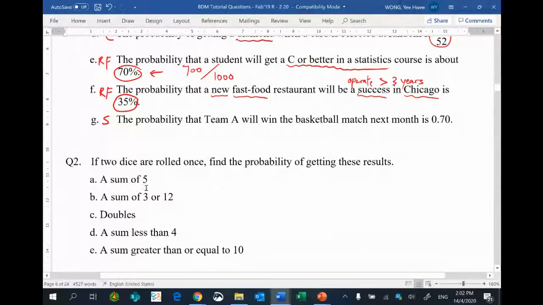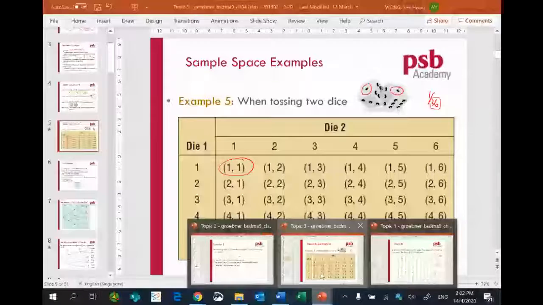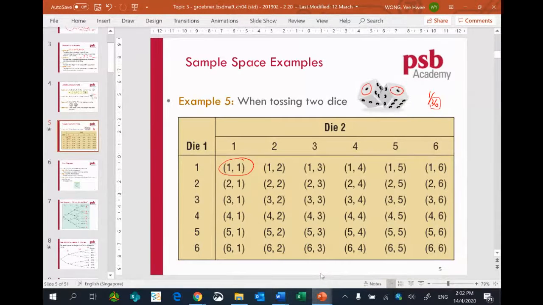A sum of 5. You roll 2 dice and find out a sum of 5. So you see which number plus which number will give you a 5. 1 plus 4. Okay, let me take away this. 1 plus 4 is 5. Then 4 plus 1, same.